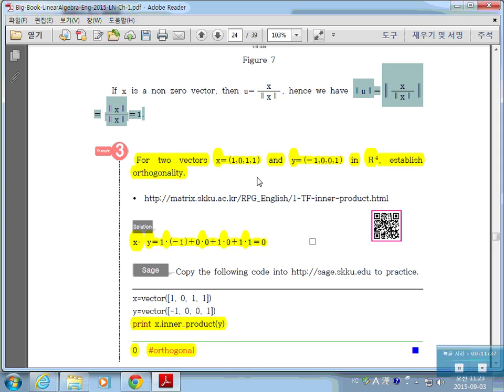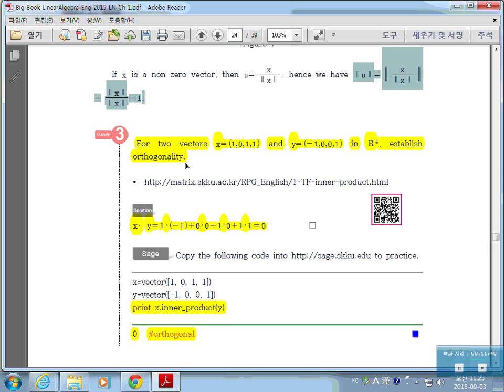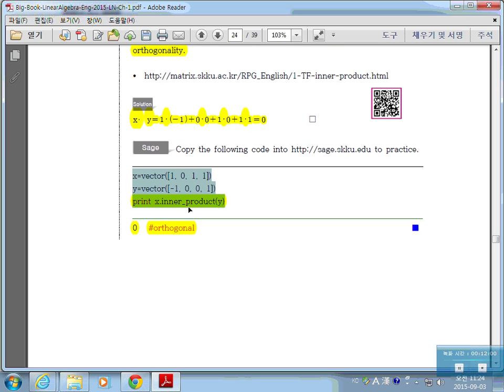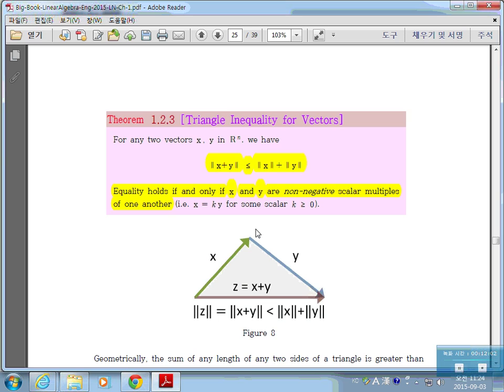For two vectors x, y in R4, let's check whether they are orthogonal or not. So find the inner product of those two vectors. If this is equal to true, then we can clearly say they are orthogonal. We can find the inner product of the two vectors with this command, as we mentioned.